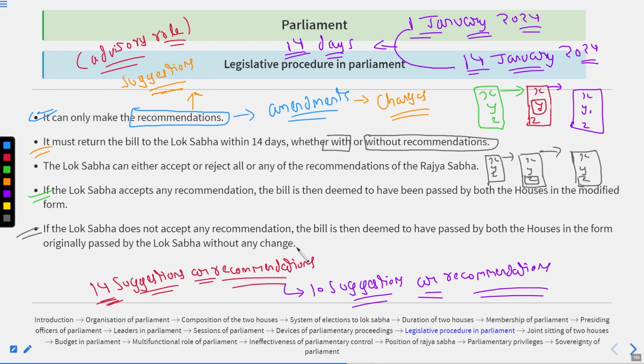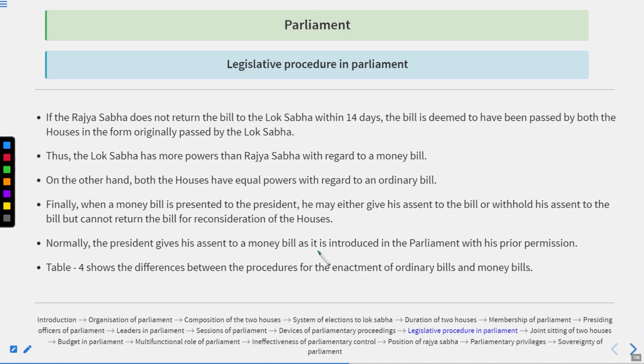So basically it depends upon the Lok Sabha to accept the recommendations or reject them. And this is known as the discretionary powers of the Lok Sabha.